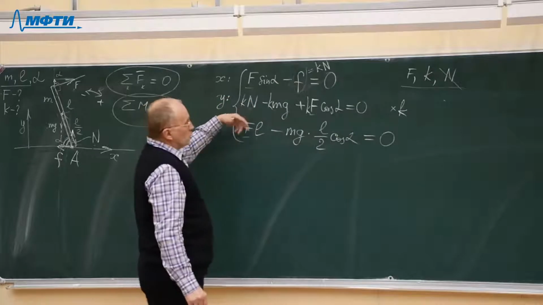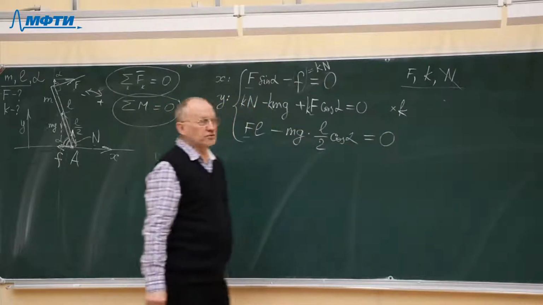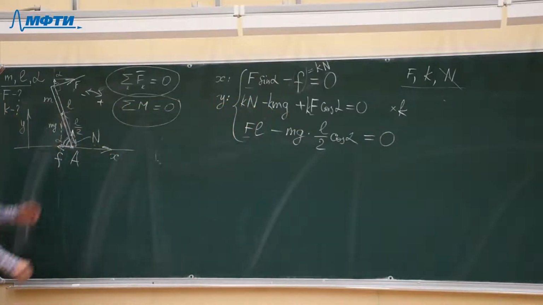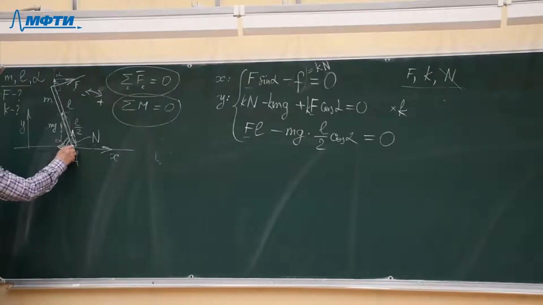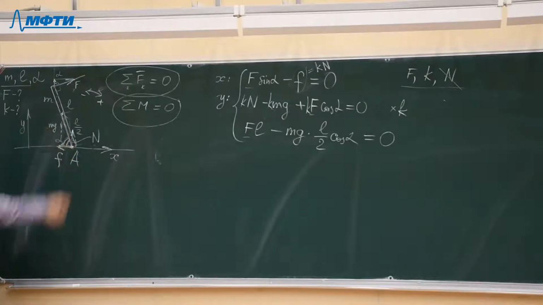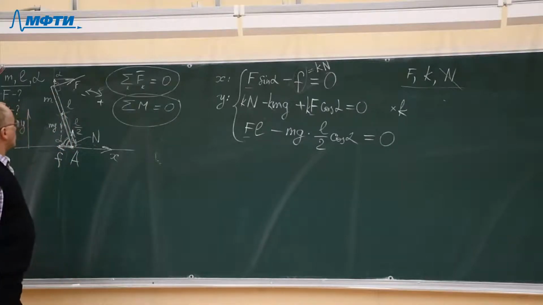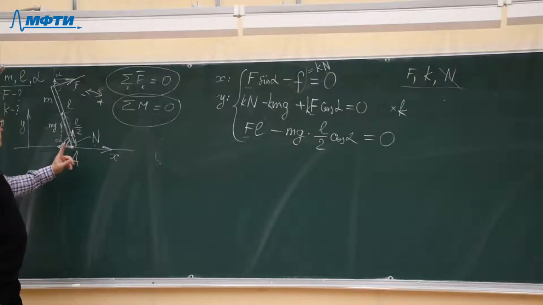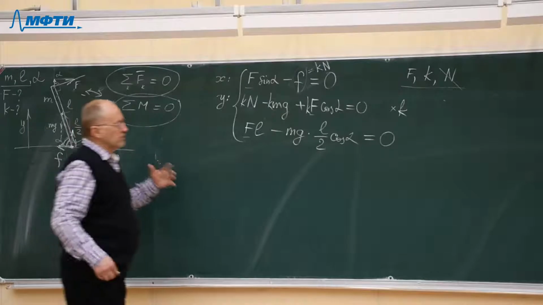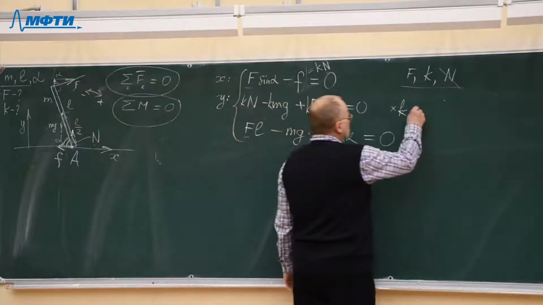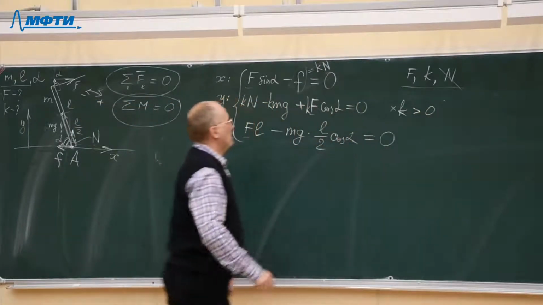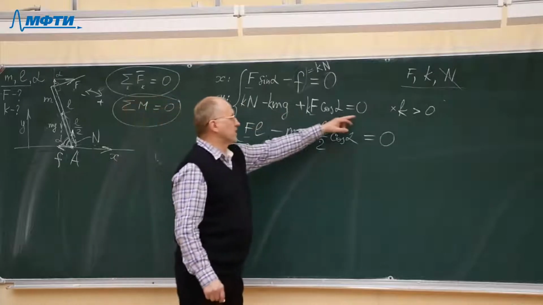So we assume that the coefficient of friction is not 0. It's obviously not 0. If it was 0, there would be no condition of equilibrium of this rod. The rod would slip to the right. But the surface is rough, it's given, so the coefficient of friction is surely not 0. And so we have the right to multiply this equation by K.